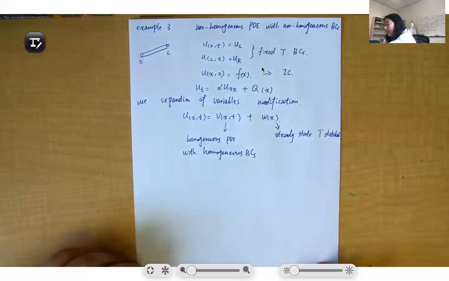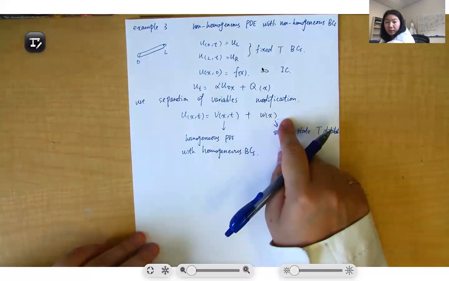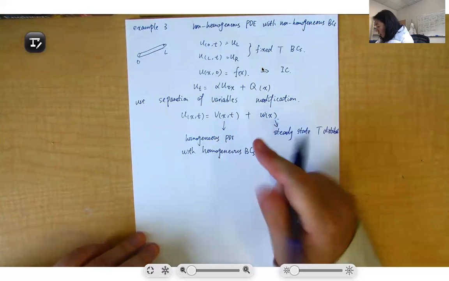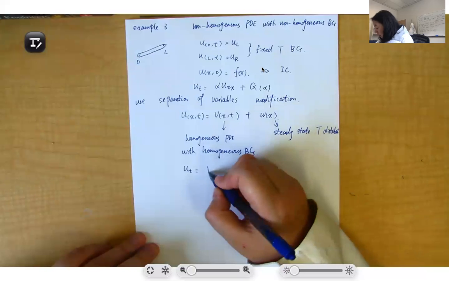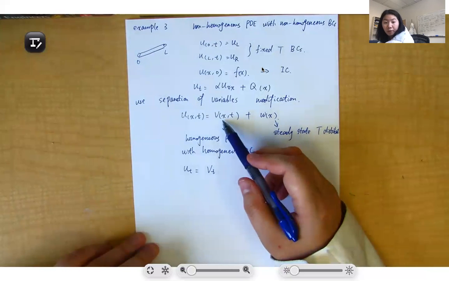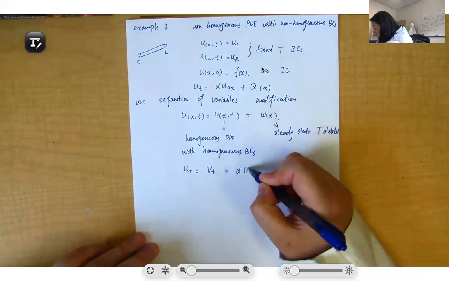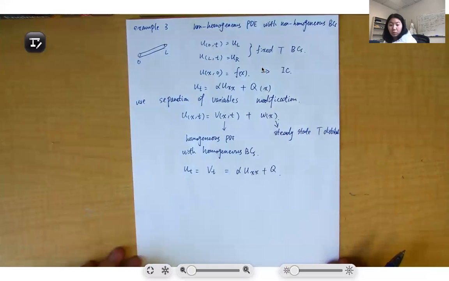Okay, with this separation, u(x,t) equals v(x,t) plus w(x), then our u_t becomes v_t, because only the v function part is a function of time. So u_t equals v_t equals alpha u_xx plus Q. So this becomes our new partial differential equation.